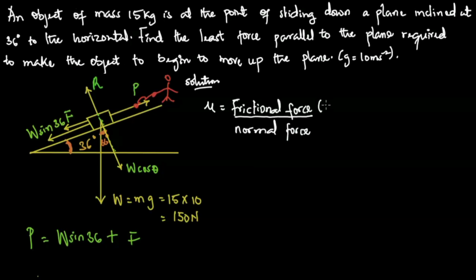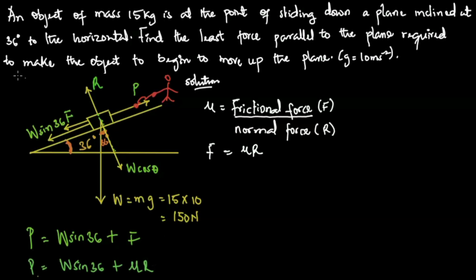So we're representing our frictional force with F and our normal force with R. When we cross multiply, our frictional force is equal to the coefficient of friction multiplied by the normal force, which is mu R. So we can come back here and say that P is equal to W sine 36 plus mu R.